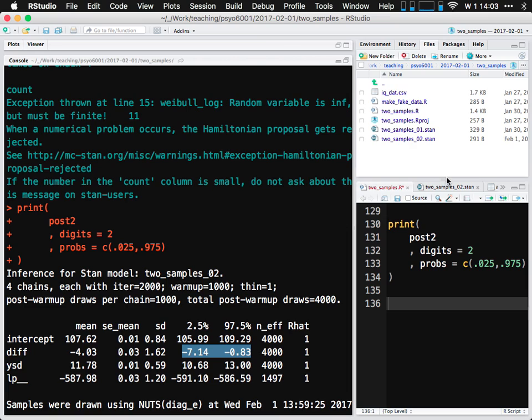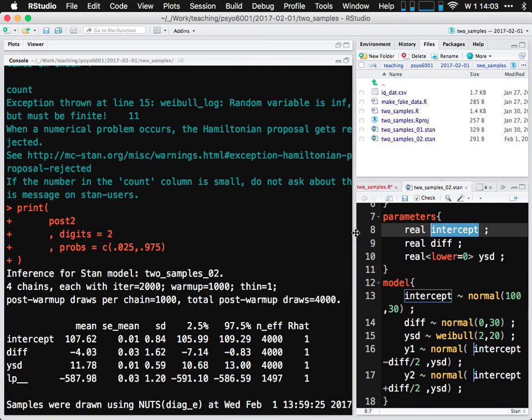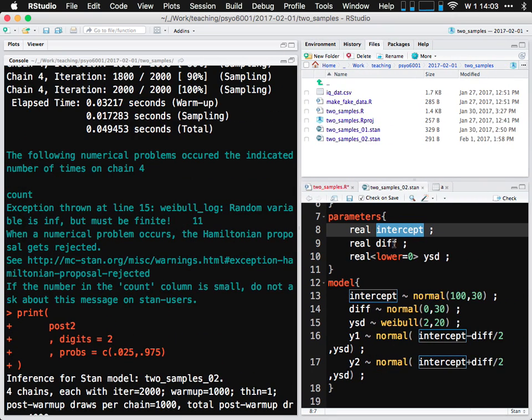Okay. So we're generally going to use the intercept and difference parameterization for most of what we do, not the individual means, just because we can get out the thing that we're most interested in right away, and we can express our prior on this thing very explicitly.